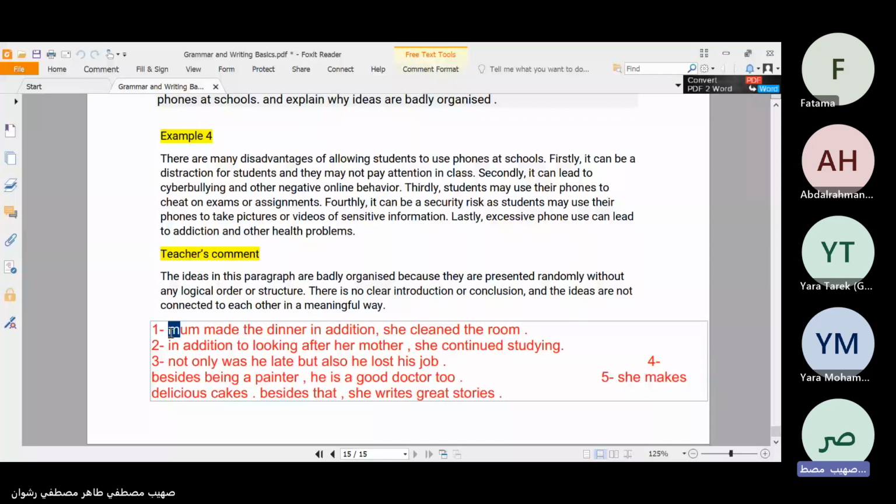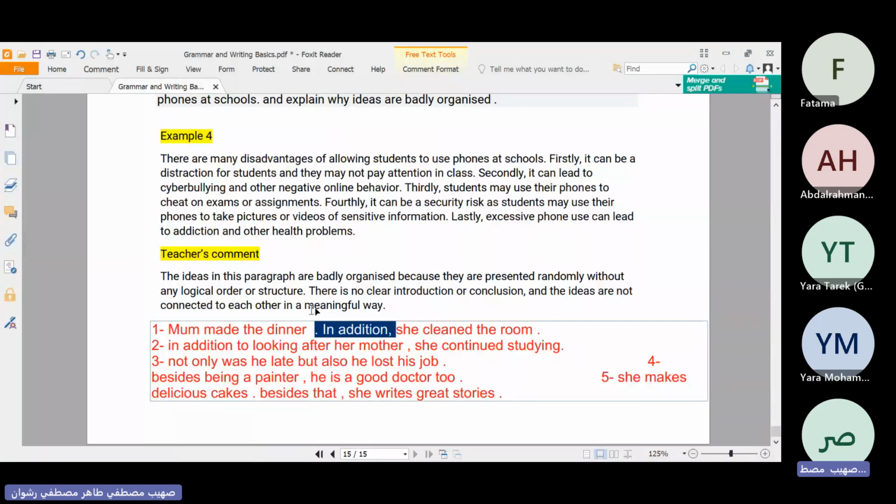Yes, M for mom must be capital. Mom made the dinner. Now, sentence number 1 is done. What about the full stop before in addition? Yes, here there is a full stop, and we must capitalize the I of in addition, followed by a comma. She cleaned the room. Now the sentence is punctuated correctly.